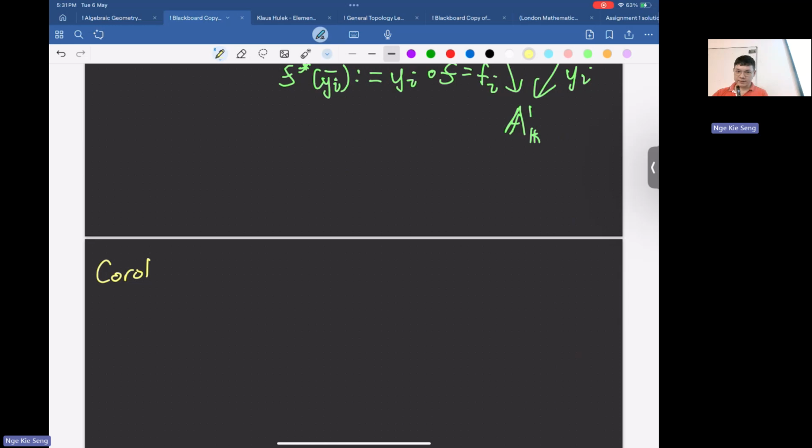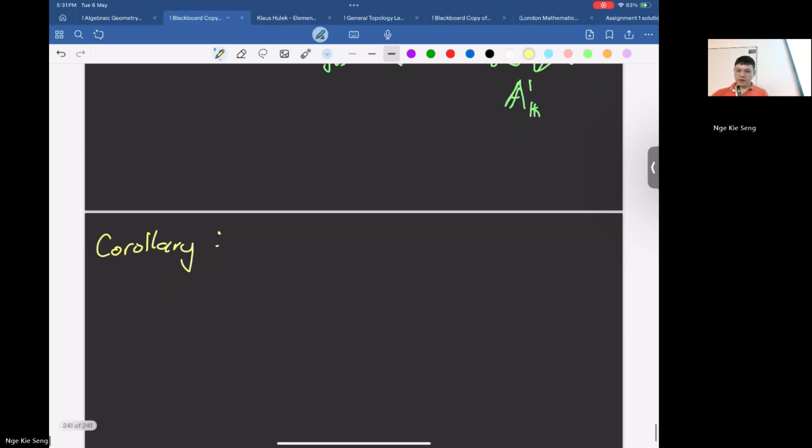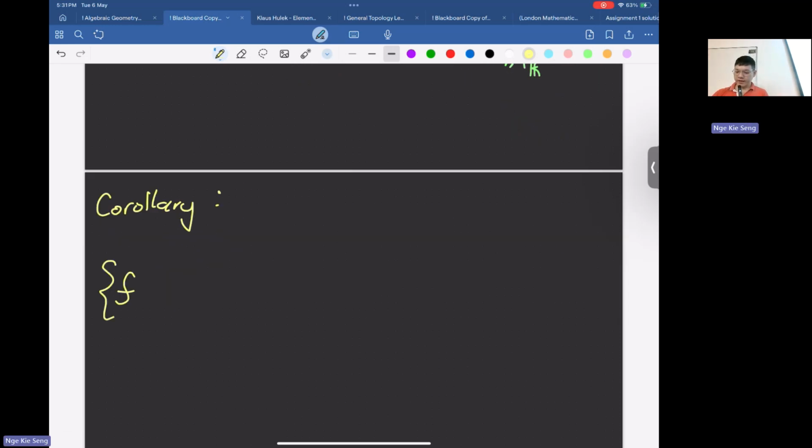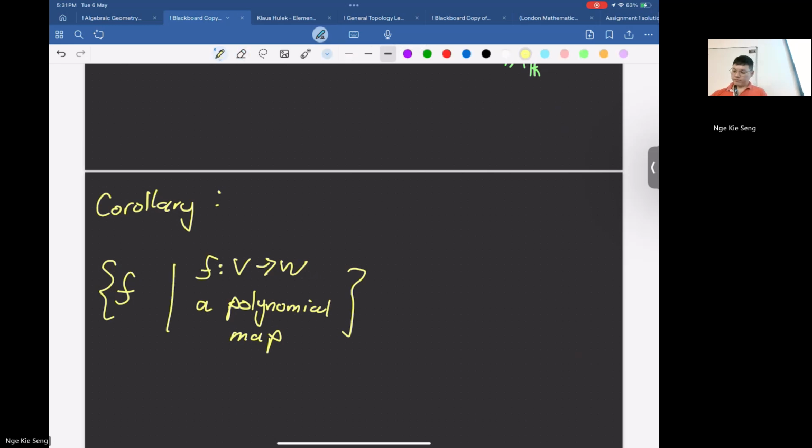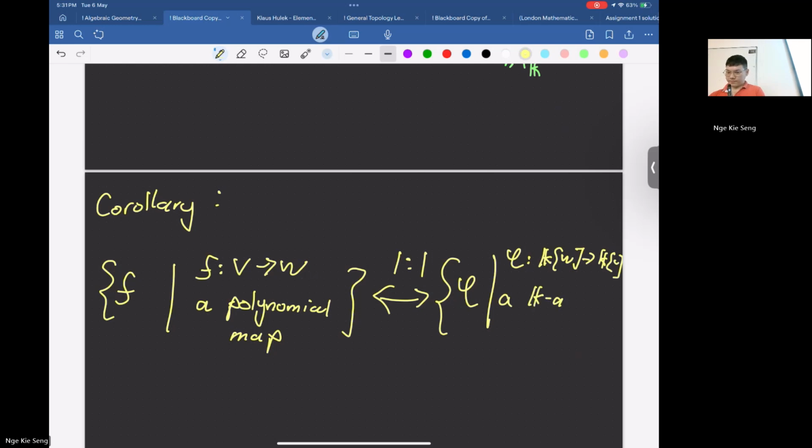So the corollary is there's a bijection between polynomial maps and K-algebra homomorphisms.